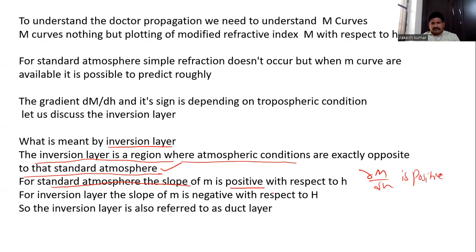Whereas for the inversion layer or non-standard atmosphere, dM by dH is negative with respect to H. In order to form the duct, the inversion layer plays an important role.